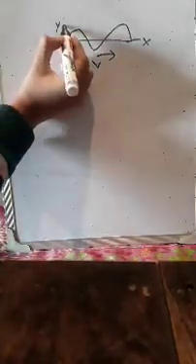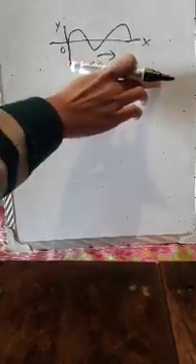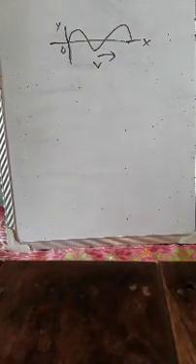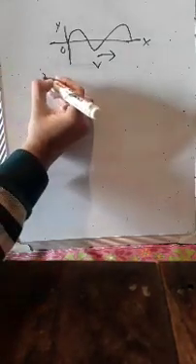If x1 and x2 are the positions of the two particles in the direction of the progressive wave, our wave was like this. Just assume this to be your one-dimensional axis, and the wave is propagating in this direction, that means along OX.